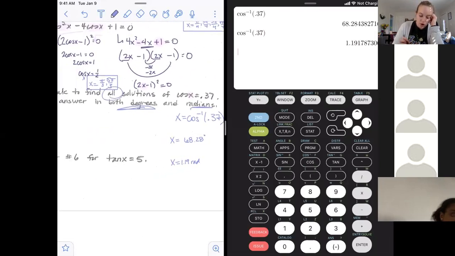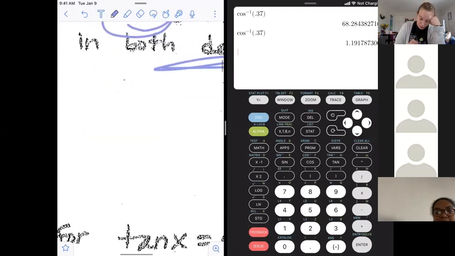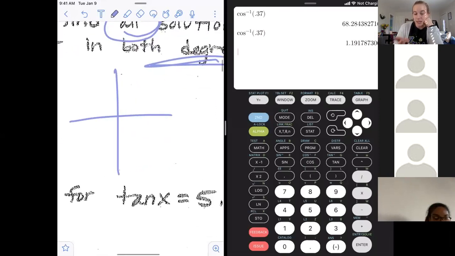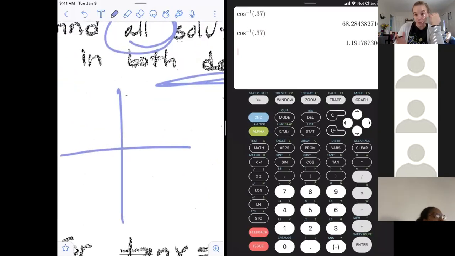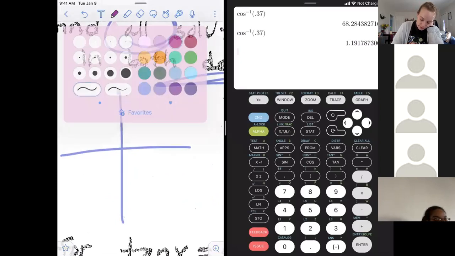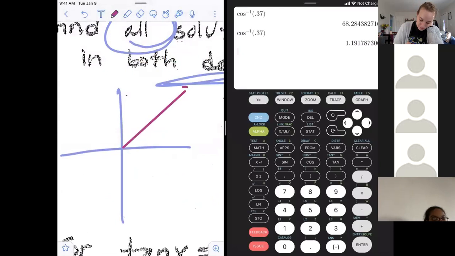When it says find all the solutions, I didn't do this in a great place on my notes. Hopefully your notes look better than me. Remember that we've got our circle, and I know it's not a unit circle because 68.28 is not a perfect number on our unit circle, but that would be somewhere in this first quadrant.